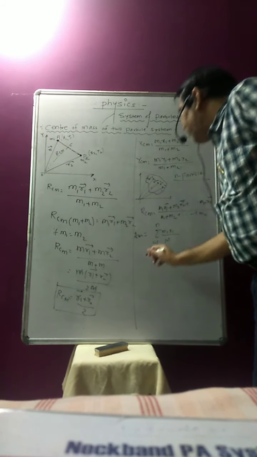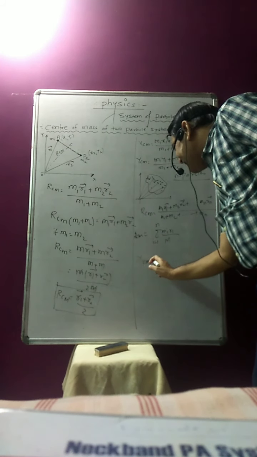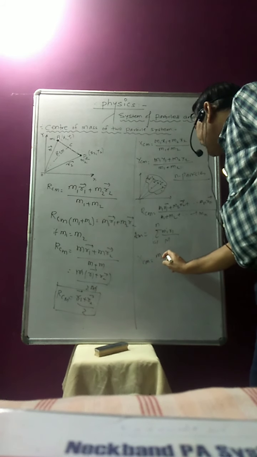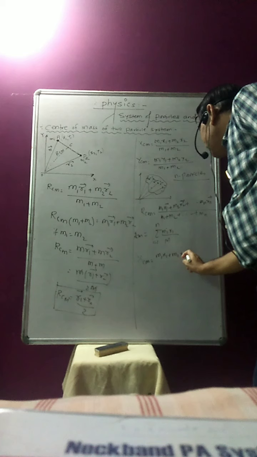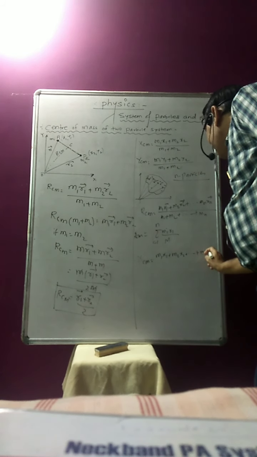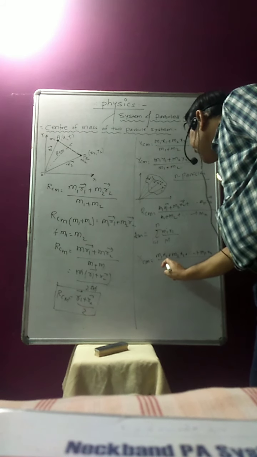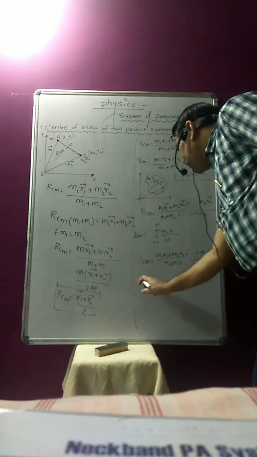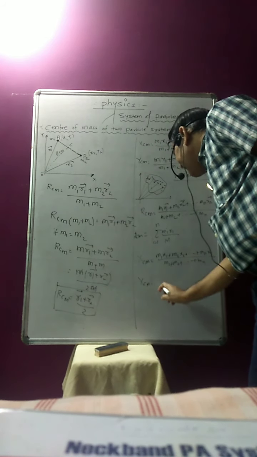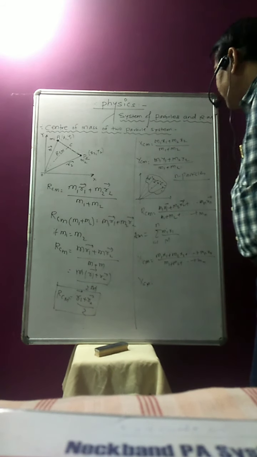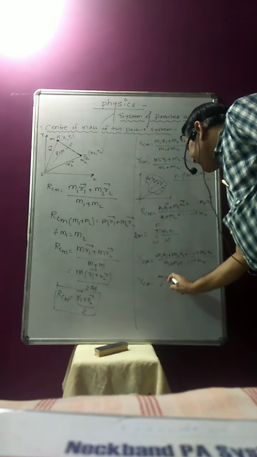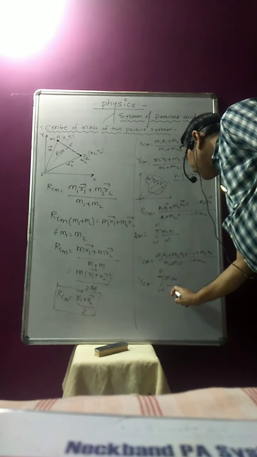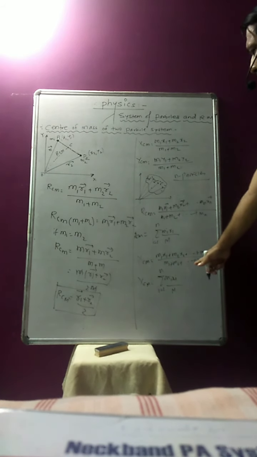Then the x center of mass can be written as m1 x1 plus m2 x2 up to mn xn divided by m1 plus m2 plus m3 up to mn, that is equal to the summation of mi xi, where i varies from 1 to n, divided by the total mass of the system. Okay, so that will be your formula.